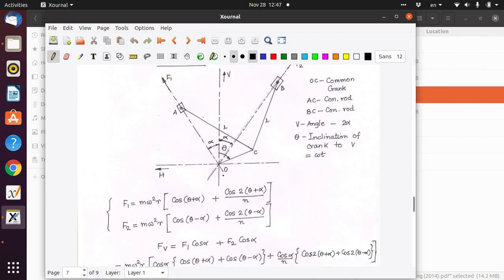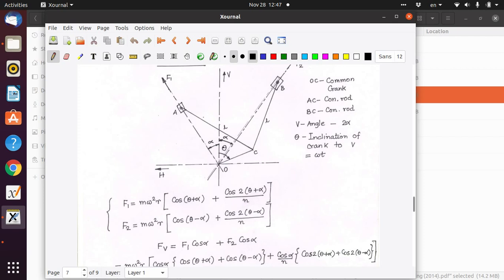So the unbalanced force, the primary and secondary unbalanced force, F1 would be m omega square r, where m is the reciprocating mass, m omega square r cos(theta plus alpha), because from this line of stroke the crank angle is theta plus alpha.